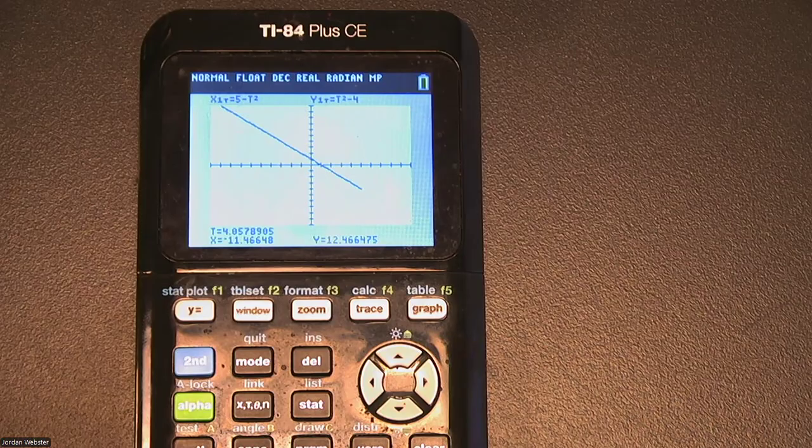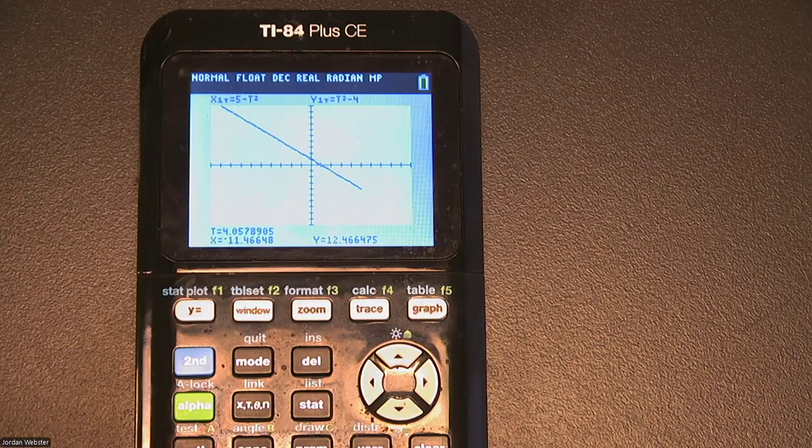So when t is positive, the movement is up and left.